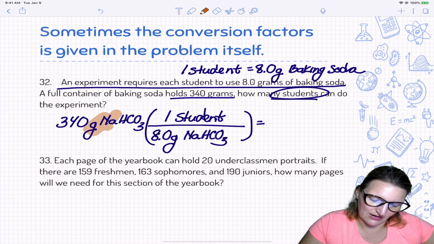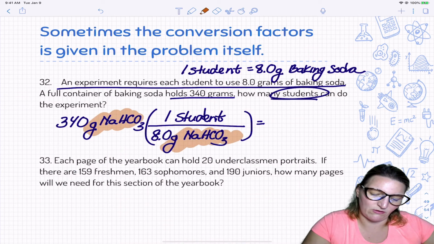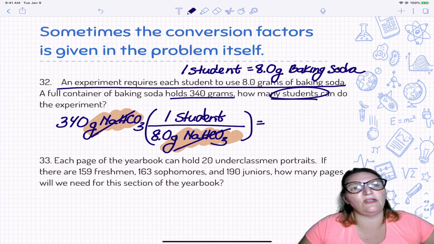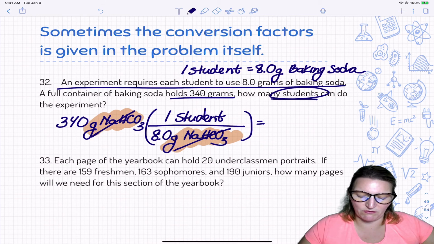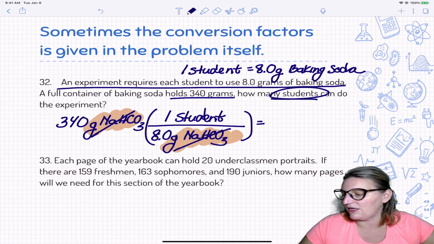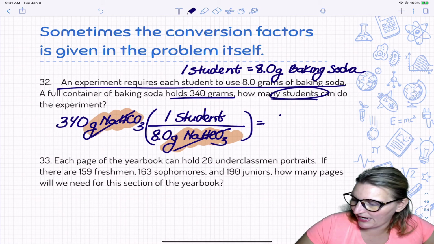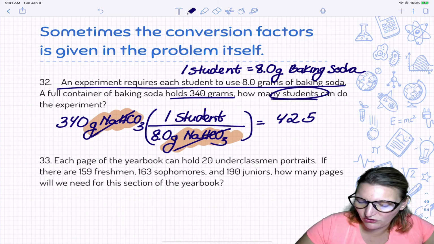Exactly the same thing that has happened before is happening now. My unit out front and unit down bottom are the same so that they're canceling. So in my calculator, I'm doing 340 divided by 8, and my calculator gives me 42.5 students.